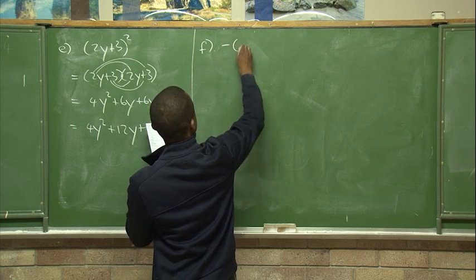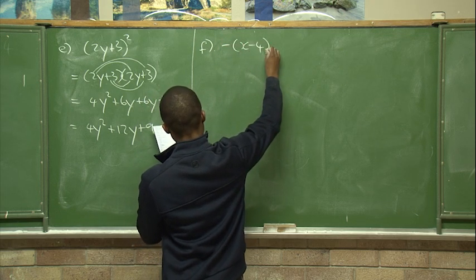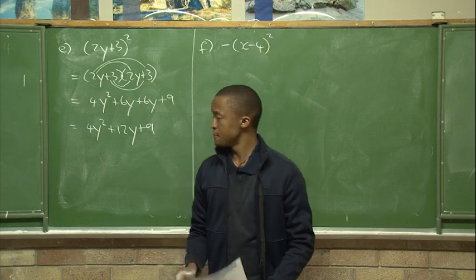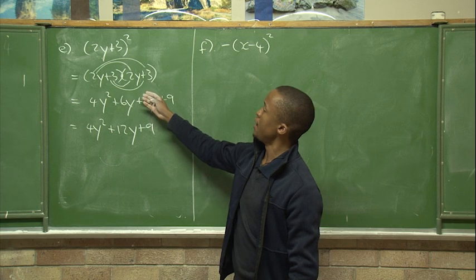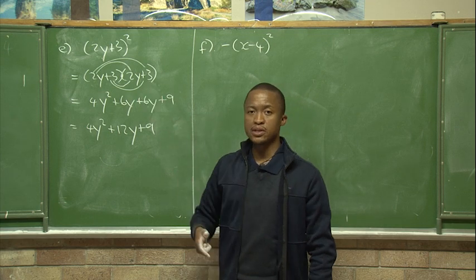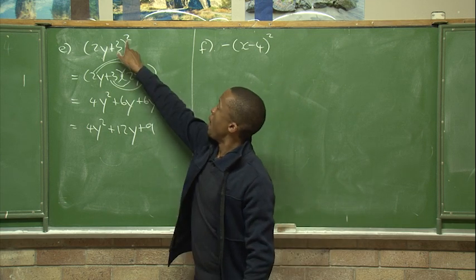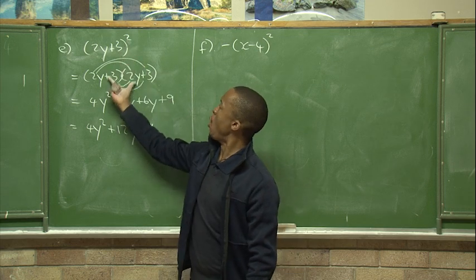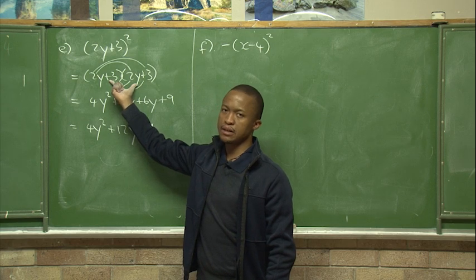You have negative and then (x − 4) all raised to the power of 2. And take note, learners, that when coming into the simplification of algebraic expressions, we will not give you an expression that has more than 2 of the same factor.